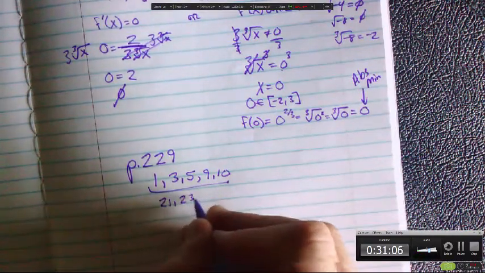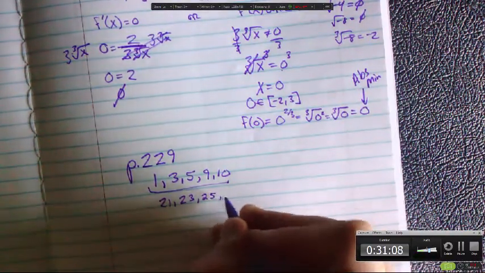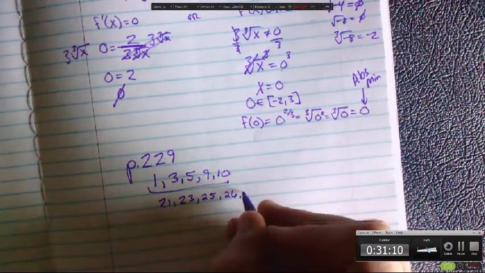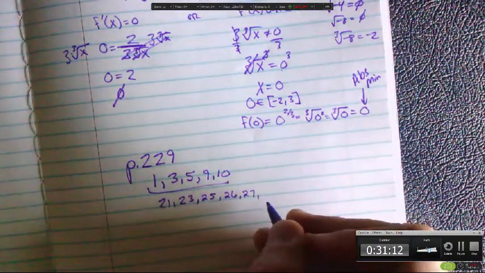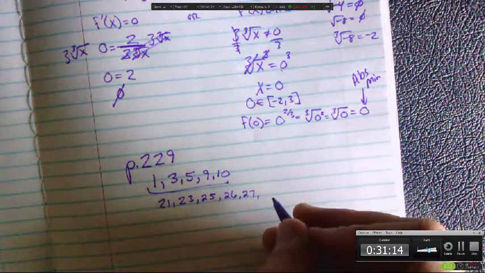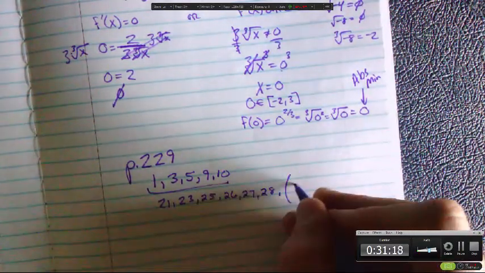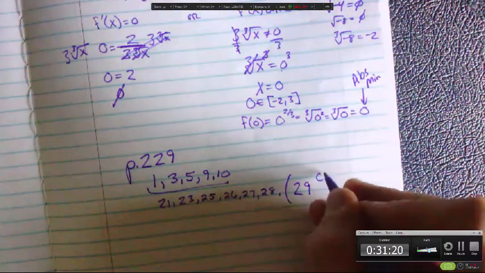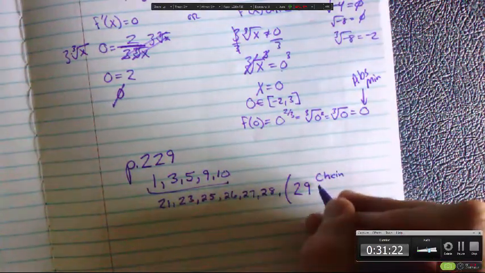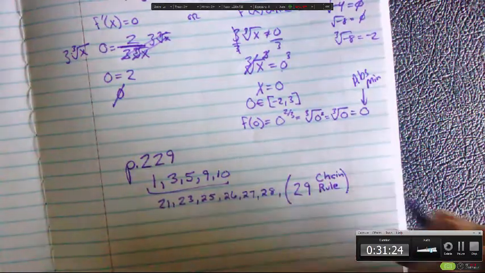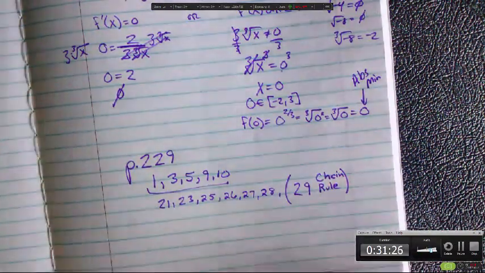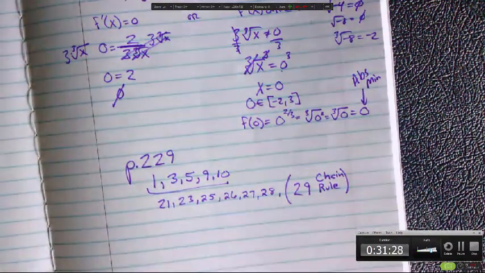21, 23, 25, 26, 27, 28. 29, guys, you're going to need to know the chain rule when you do the derivative. Okay? So 29 requires the chain rule.